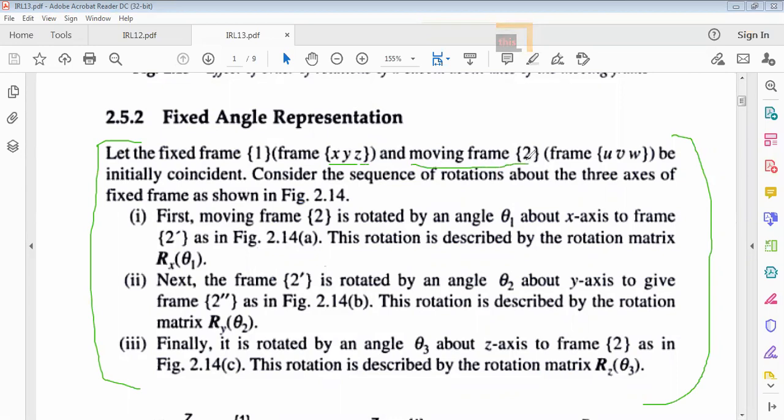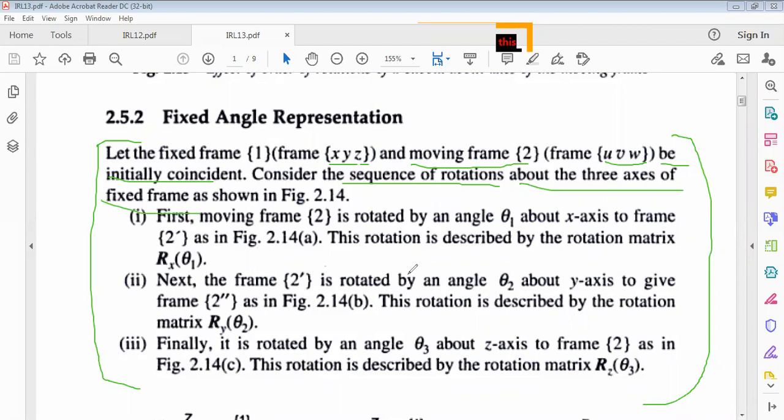Frame 2 is a moving frame, which is UVW. Assume initially they are coincident. Now let us consider the sequence of rotations about the three axes of the fixed frame.